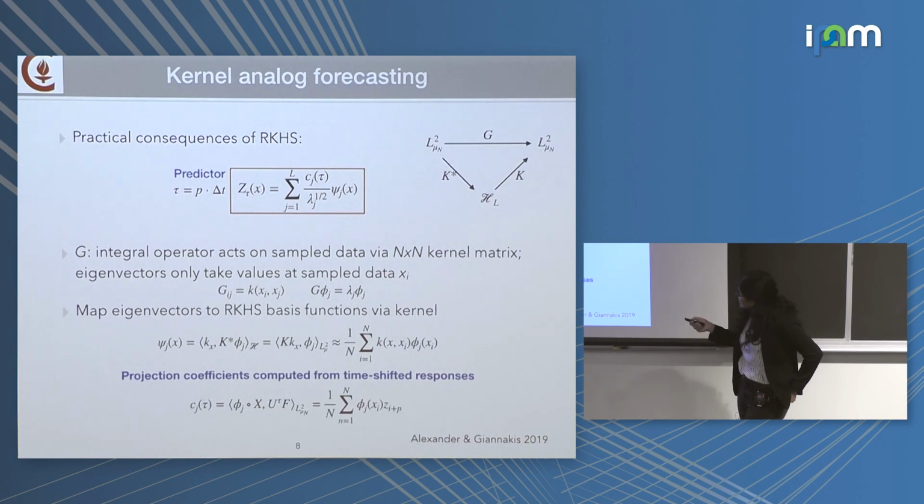And these psi j correspond to the RKHS basis functions. So the utility of the RKHS is that it gives you an explicit way of mapping from finite dimensional kernel eigenvectors, which only take values at our sample data, to out of sample data.